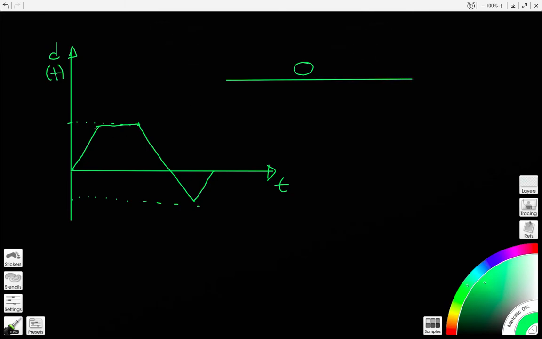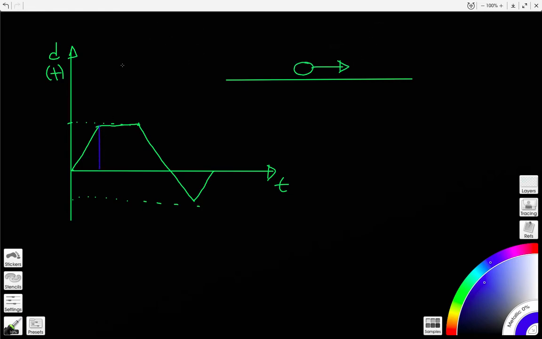So in this first interval, the ball is moving to the right, and thus we would have a positive velocity. In this interval from here to here, we have a positive displacement.